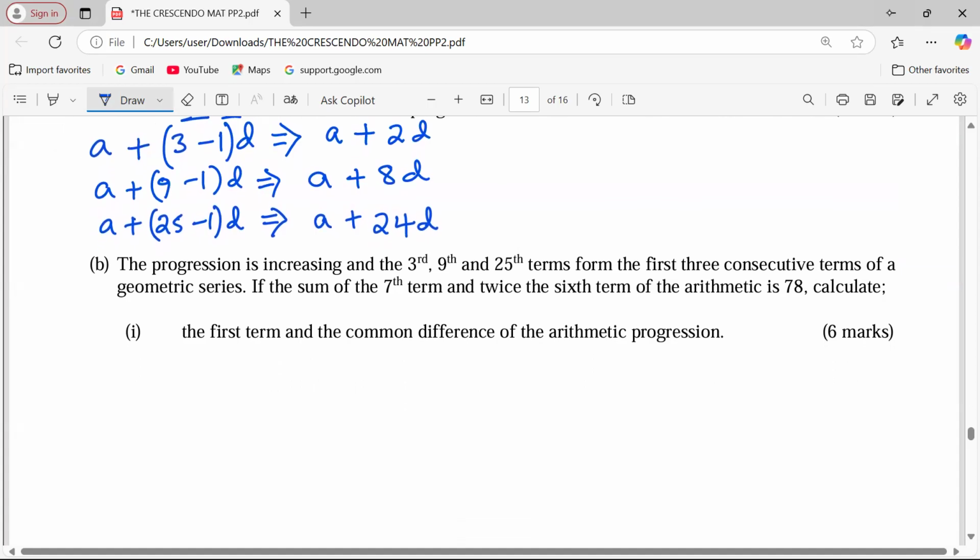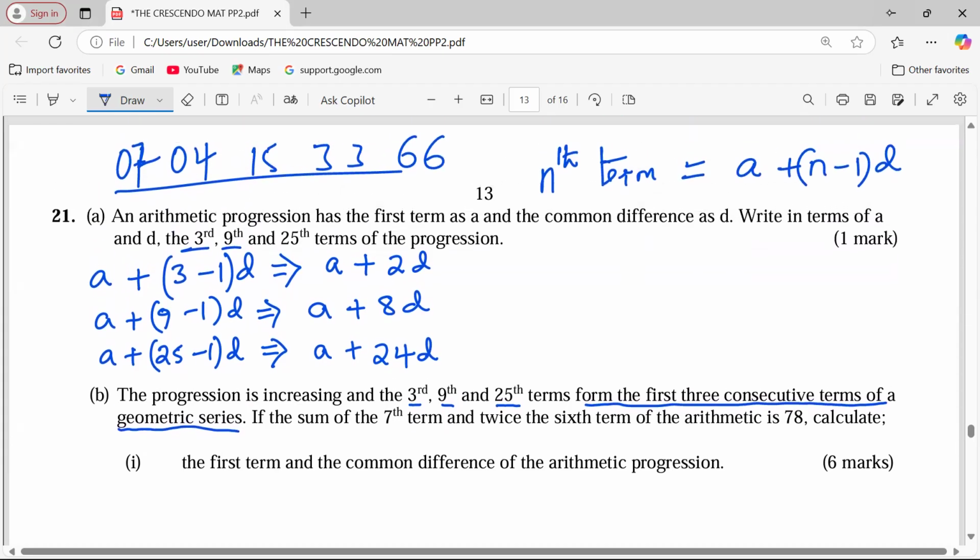The progression is increasing, and the 3rd, 9th, and 25th terms form the first 3 consecutive terms of a geometric sequence.